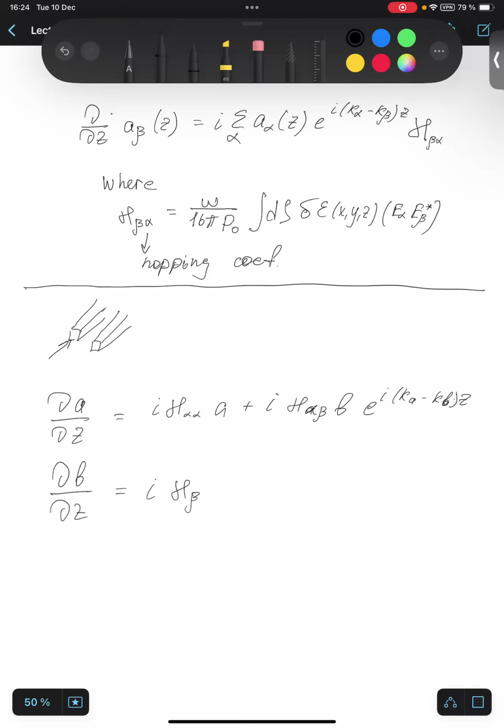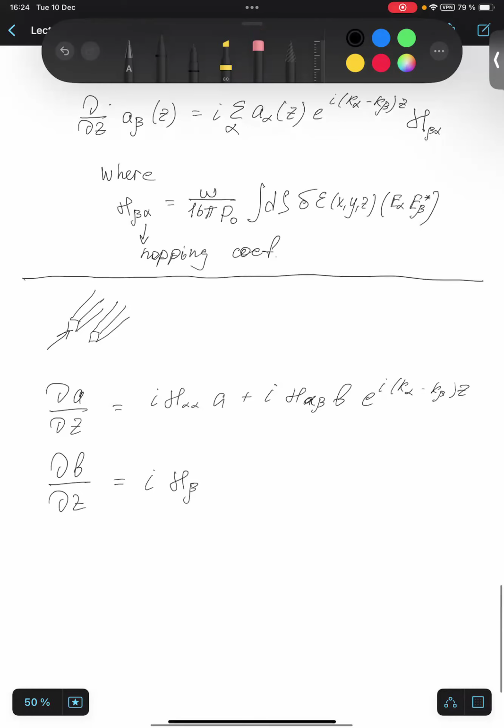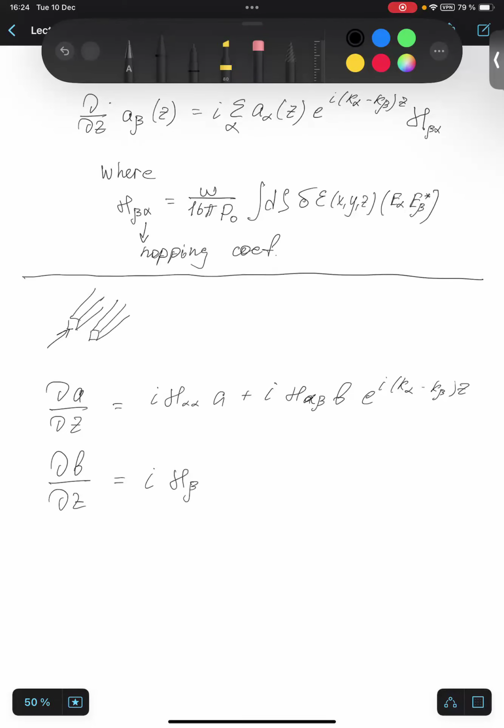Sorry, this is again alpha. Let me rewrite it: dB over dz equals i kappa beta beta B plus i kappa beta alpha A, exponent i (k alpha minus k beta) z.